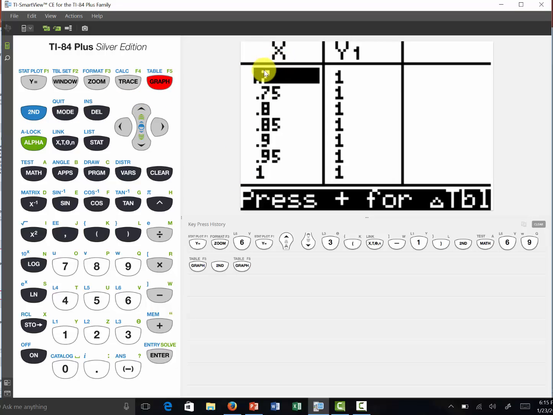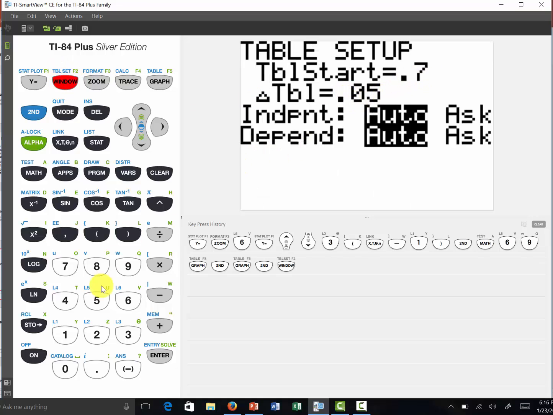Now my settings here are not correct, so if I go to second and window, which is table set, I can tell it to start at 0, and for my table count I'm going to choose a 1.